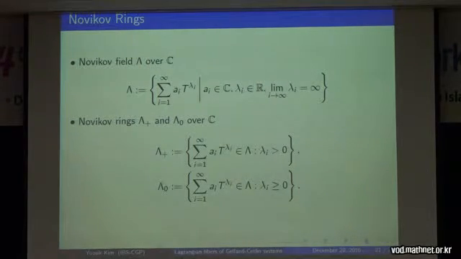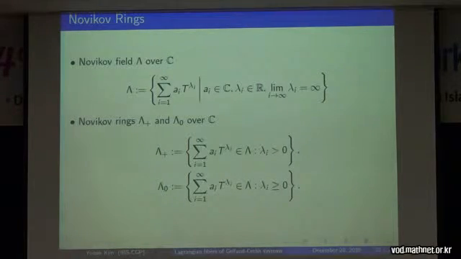So let Lambda be a Novikov field over the field of coefficients. It's basically a collection of elements looking like power series. But the difference is that the powers are required to be real numbers without any accumulation point. So that's the Novikov field. Here the t variable is a formal variable, and that formal variable will be used to record the area of some pseudo-holomorphic curves.